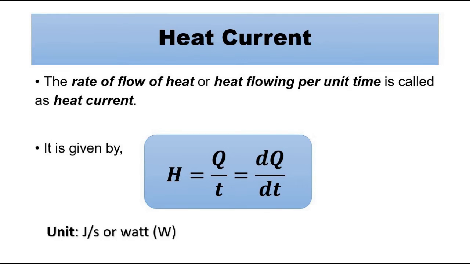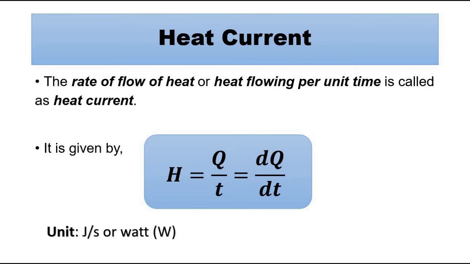So simply heat current is represented by H, which is equal to Q by T, or in differential form it is dQ by dt. Here Q is in joules, time is in seconds, so joule per second or watt. That is the unit of heat current.